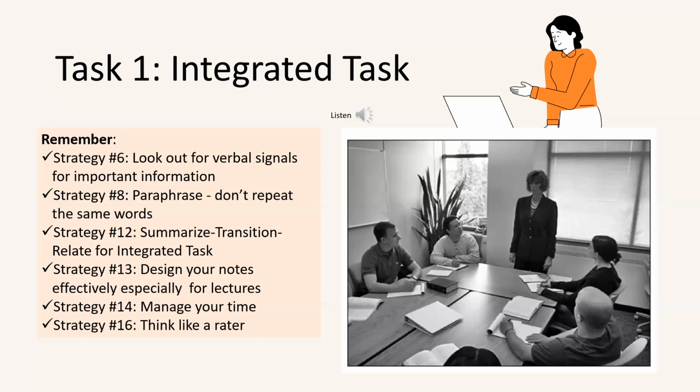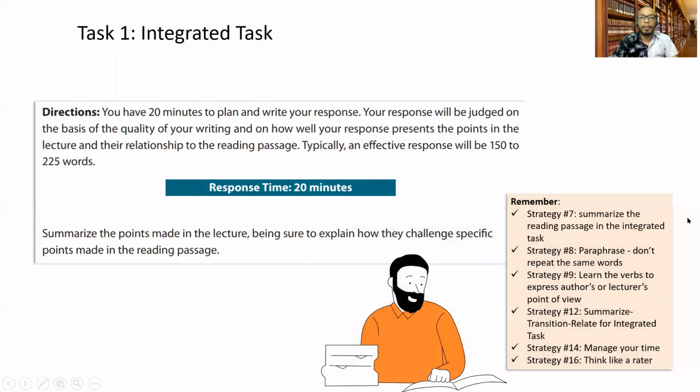All right. So that's the example of the listening part in the integrated task of the writing section. Now, let's go on and try to answer this question. As you can see, you will have 20 minutes to plan and write your response.